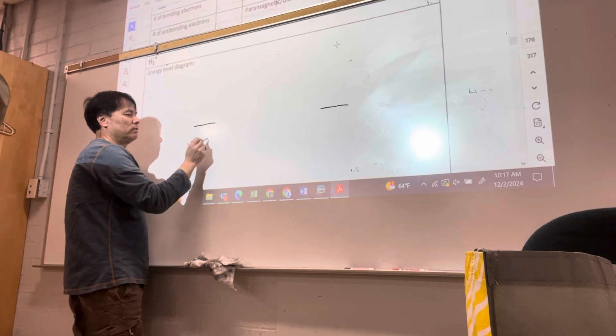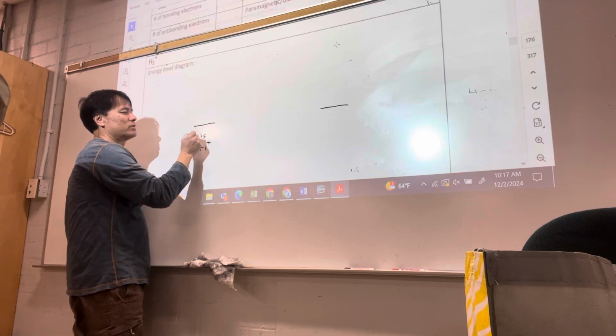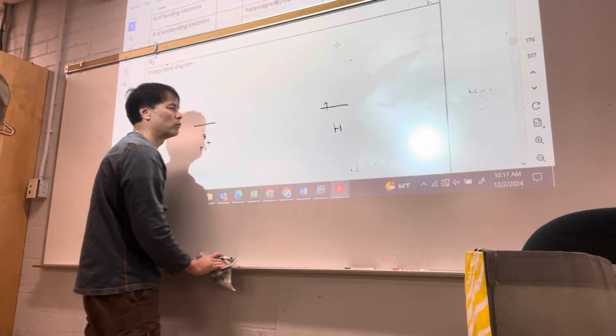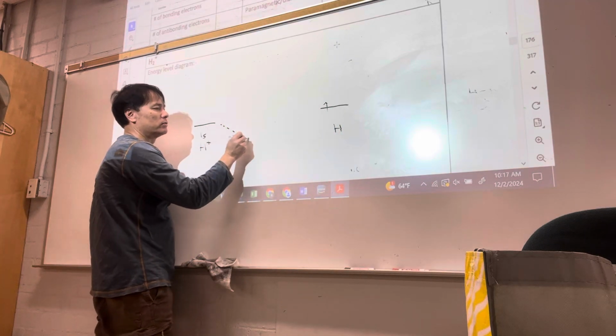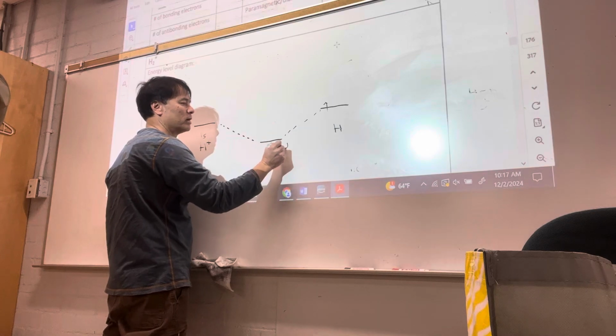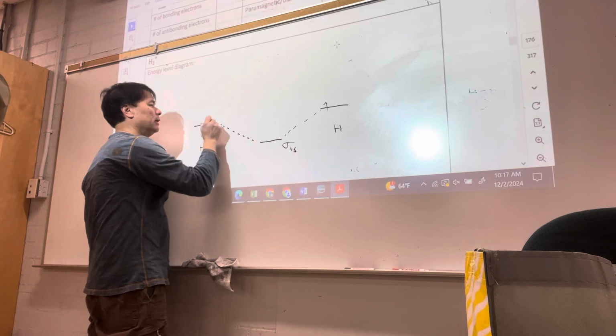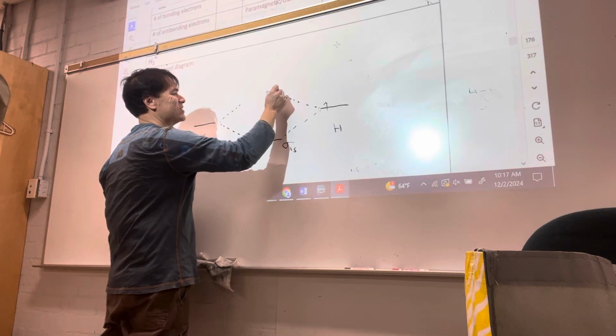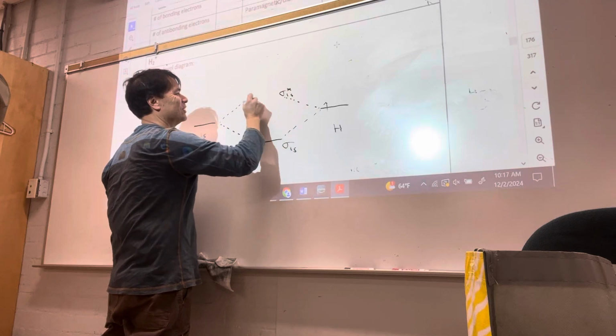So we have a hydrogen plus, meaning this 1s orbital is empty, and then we have a normal hydrogen, it's going to have 1 electron. And then what we're going to do is form our bonding MO, which people just memorize as sigma 1s, and our anti-bonding MO, which is going to be a sigma star 1s.